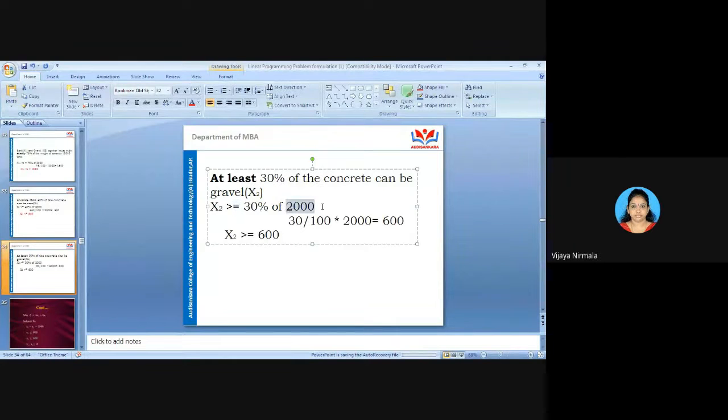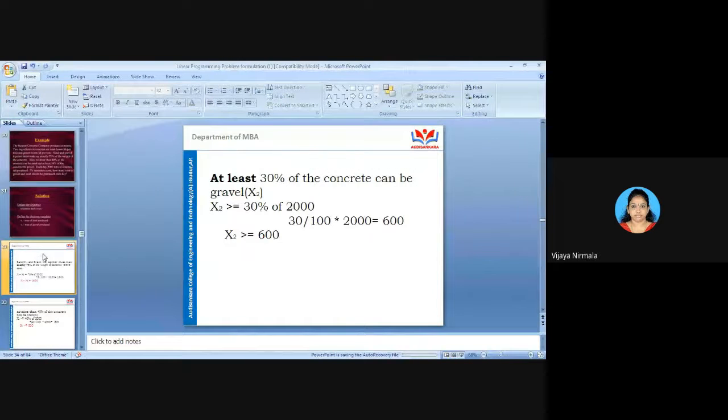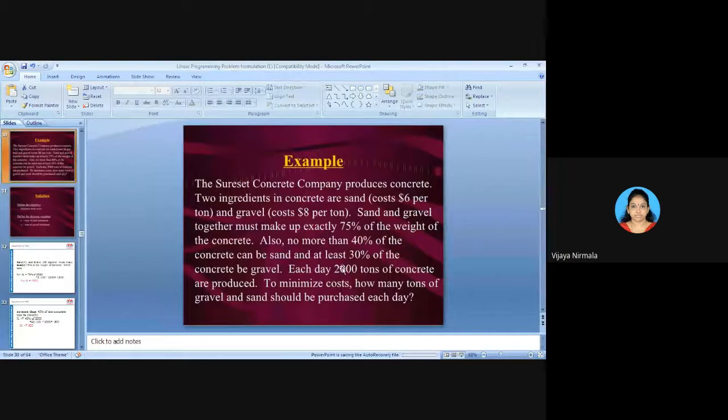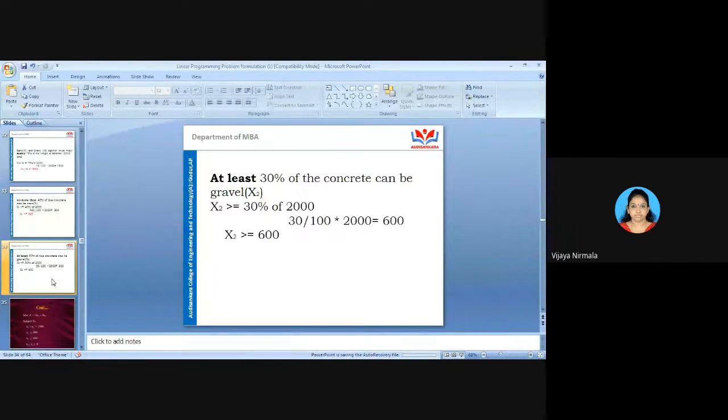Here, what is 2000? What is 2000 here? The weight they produce daily. So each day, 2000 tons of concrete is being produced, right? So with that 2000 only you have to calculate. So 30% of 2000 means 30 divided by 100 times 2000.